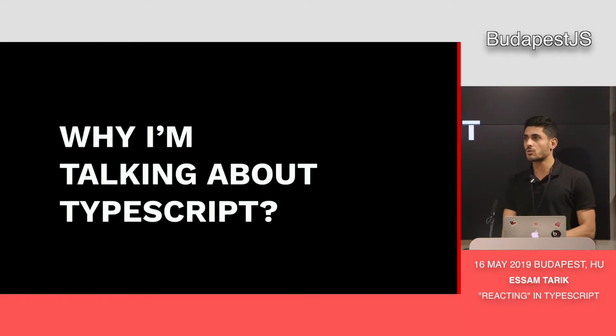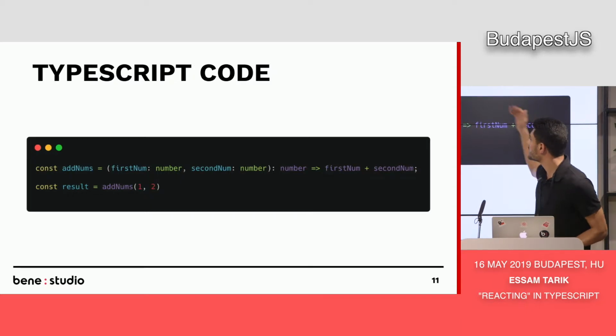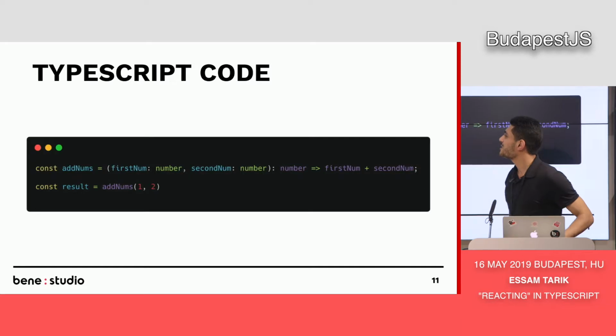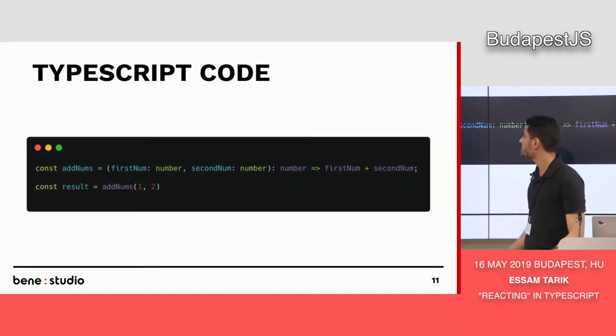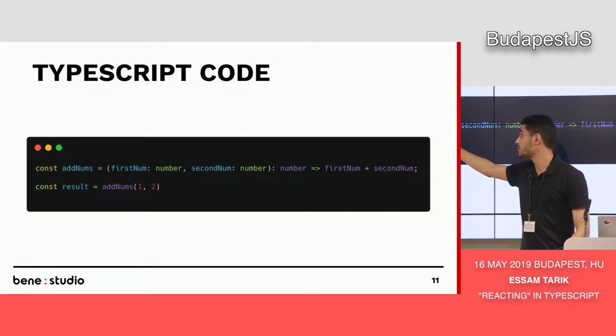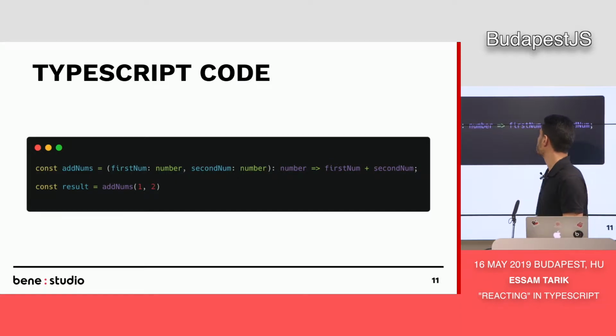So for those of you who don't know about TypeScript, this is a very simple example. Oh, well, those lines are really tearing the code apart, but you can easily see this is a JavaScript function. It adds 2 numbers, nothing too fancy. Here you have defined that the first argument to this is a number, the second argument is a number, and the return is a number.